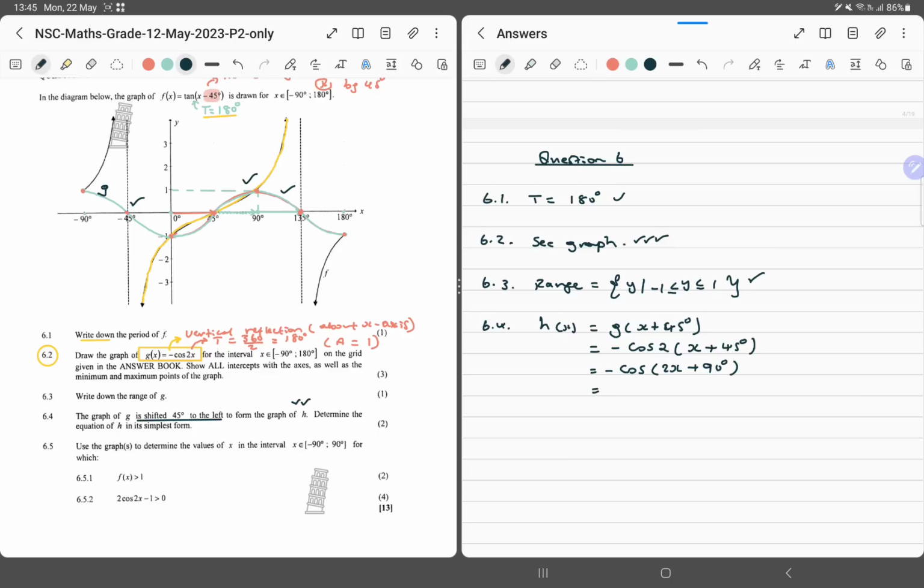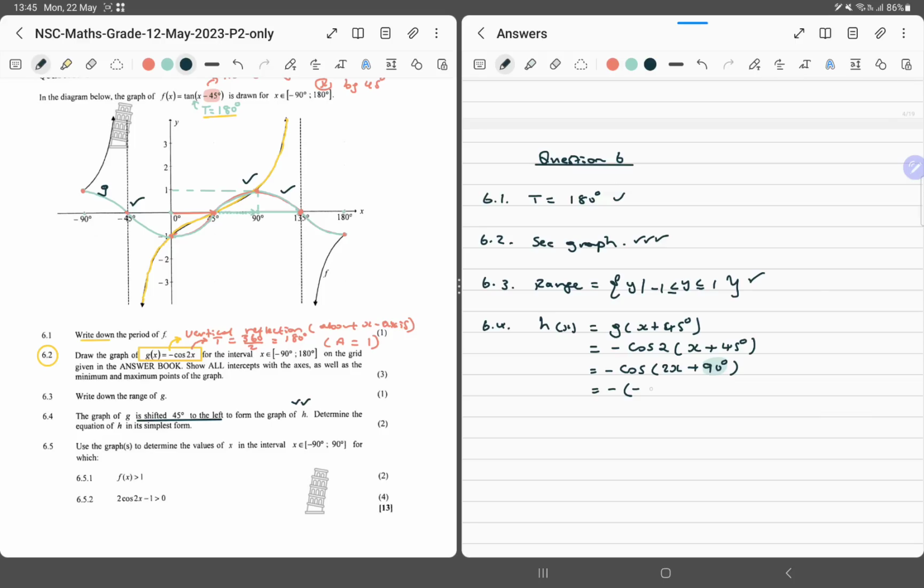But remember, once you see a 90 there, you are doing a co-function. So 90 plus is saying we are dealing with the second quadrant. So this is minus. Now remember, 90 plus is the second quadrant, and cos in the second quadrant is negative, so it's going to be minus.